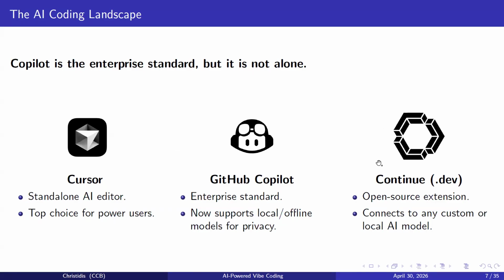And then there's Continue also, which is an open source extension. So it's the open source version of GitHub Copilot, and it can also connect to any custom or local AI model. We'll be focusing on GitHub Copilot, but just keep in mind there are way more options available to you. And of course, as things move so quickly in the field, maybe another player will come into the landscape and be more popular than GitHub Copilot.